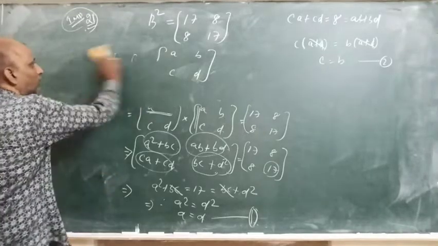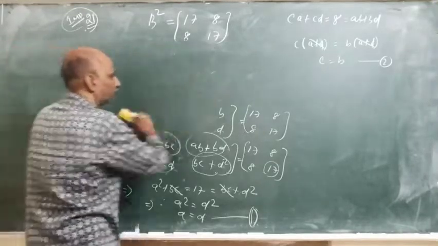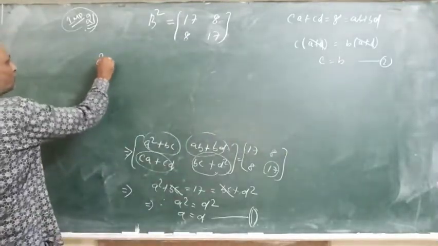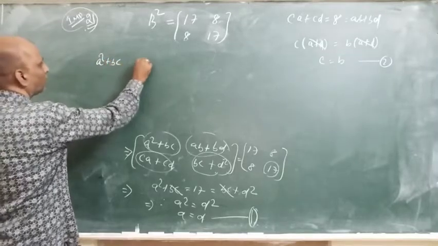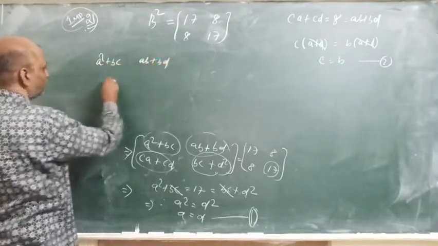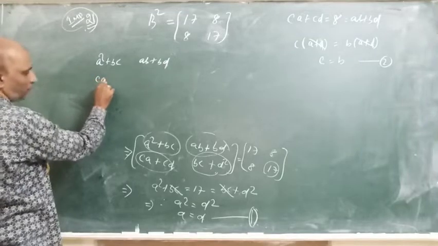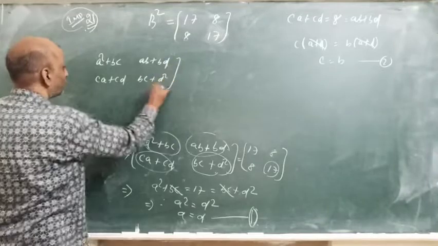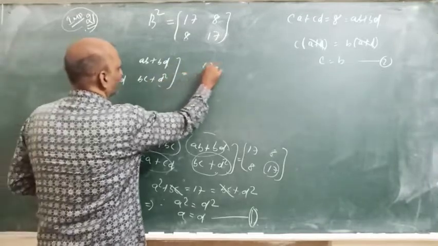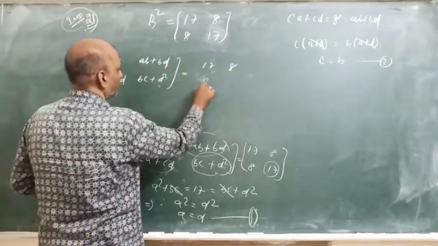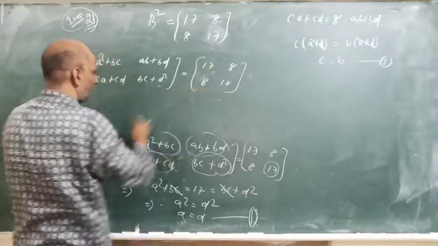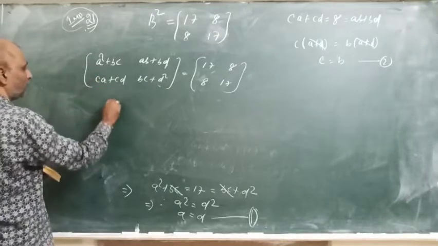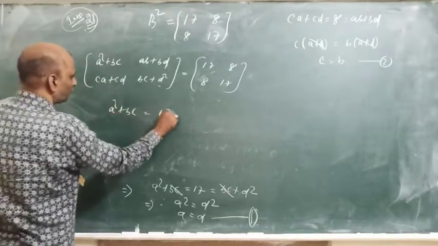Okay, now again take a square plus bc, ab plus bd, ca plus cd, bc plus d square is equal to [17 8; 8 17]. From here, what will you get? Now look here, a square plus bc is equal to 17.